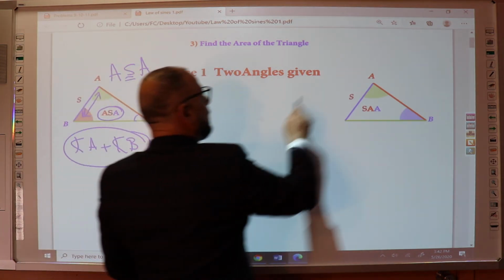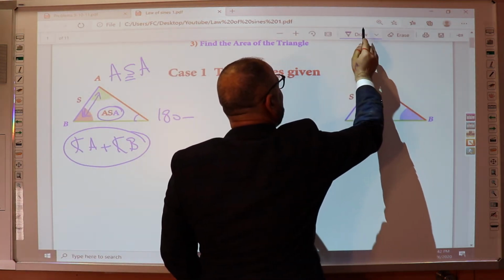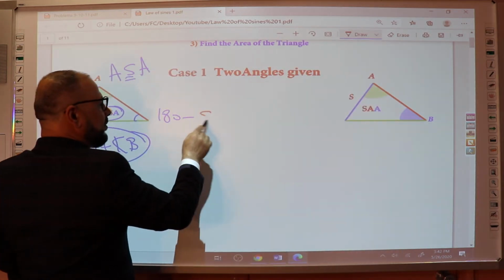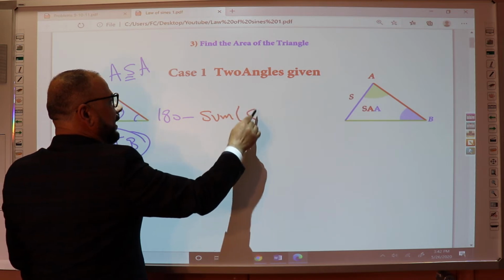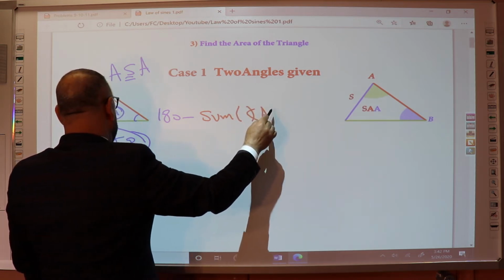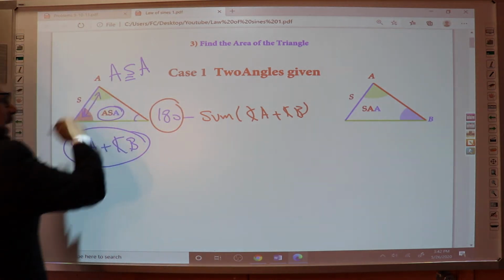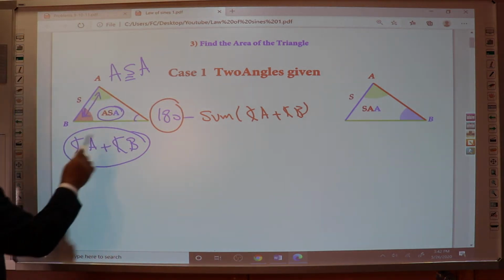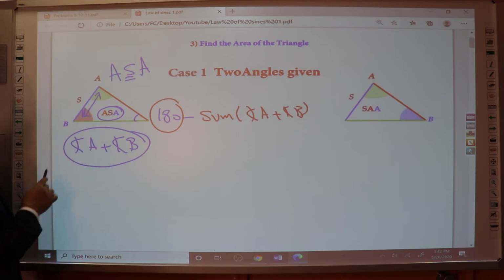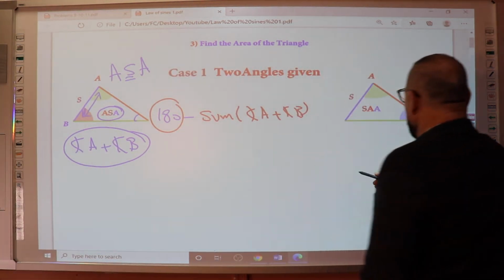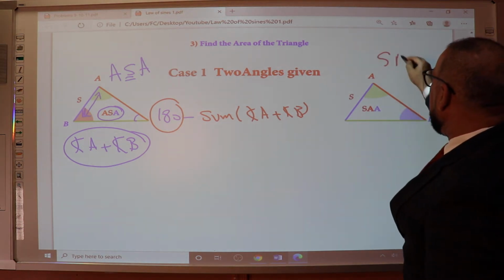Some of my students are very picky, but I like them. You see, that's easy. Why 180? Because of the sum of all angles. Then after that, we apply the law of what? Sines, the one I explained. Okay? The second case, these two cases are easy cases. What we have: side, angle, angle.